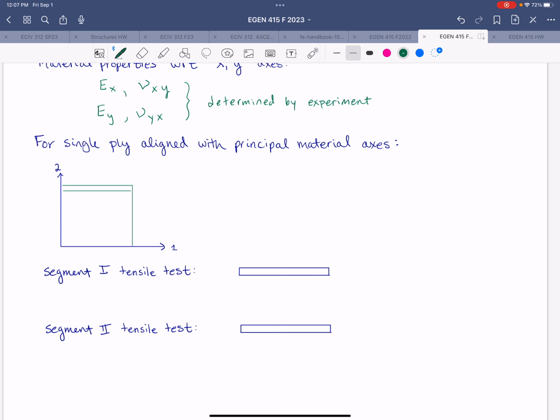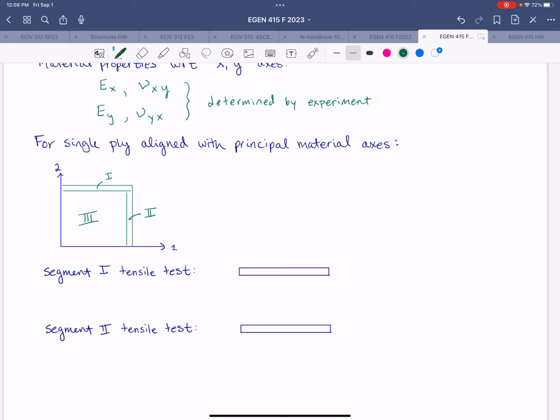So maybe we cut a strip like that for the first test, and then cut a strip in the other direction for the second test. It doesn't want to cooperate with what I want to do. There we go. All right, and then the remaining panel we would use for the shear test, which we'll look at on the next page. But first, let's consider these tensile tests.